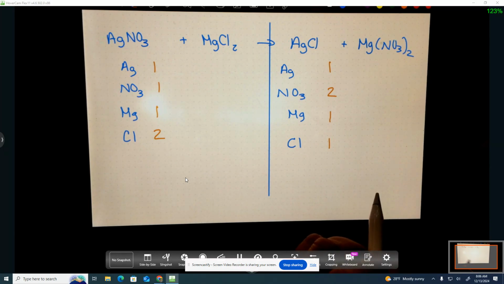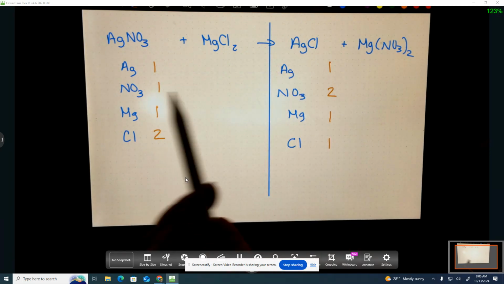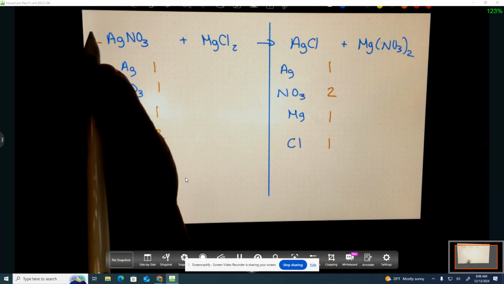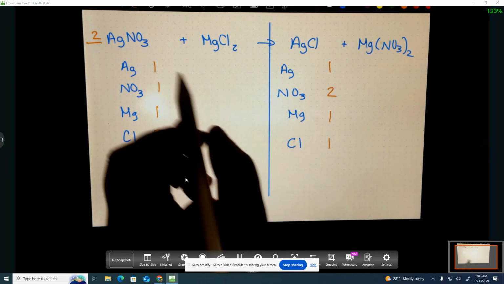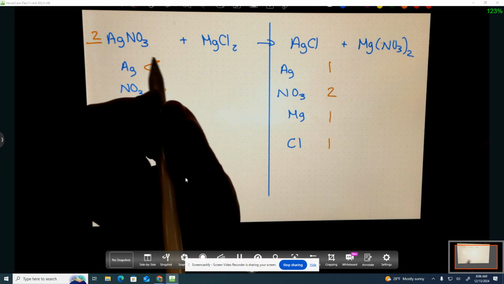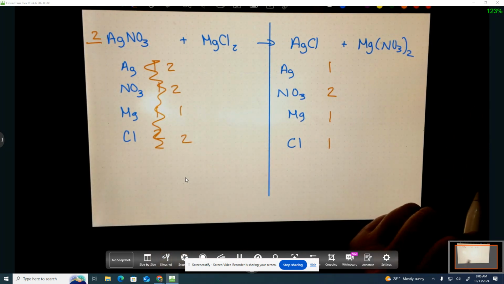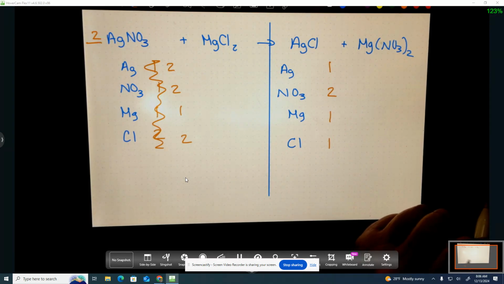Okay. Now all I have to do is the same thing I did before. The silvers match. The nitrates don't. So in front of here, I'm going to put a 2. Once I put that 2, these numbers don't matter anymore. I'm going to go 2 silvers, 2 nitrates, 1 and 2. Where's my next number going? On the right side in front of what?